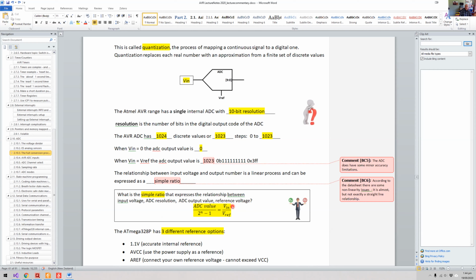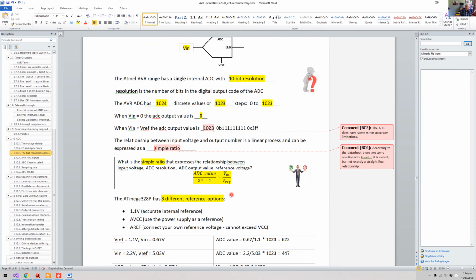If Vin is greater than Vref, then this would go to above 1, but this can never go above 1. Okay, so this isn't just an arbitrary formula, it is a model for something which is quite specific and unique. So that's what you've got to hold in your mind as we go into the next parts of the course.